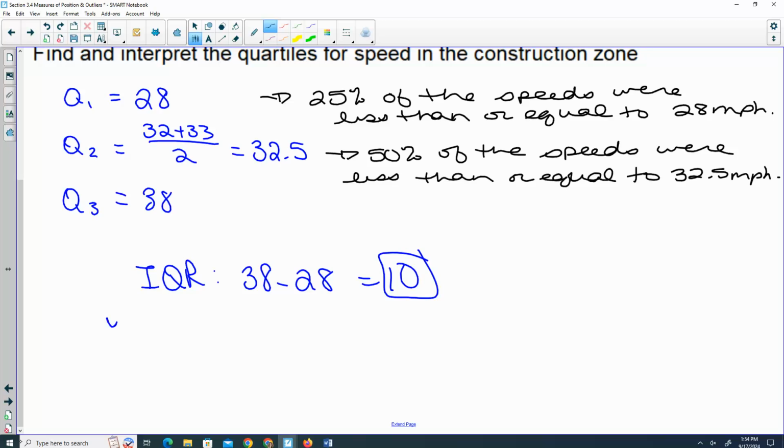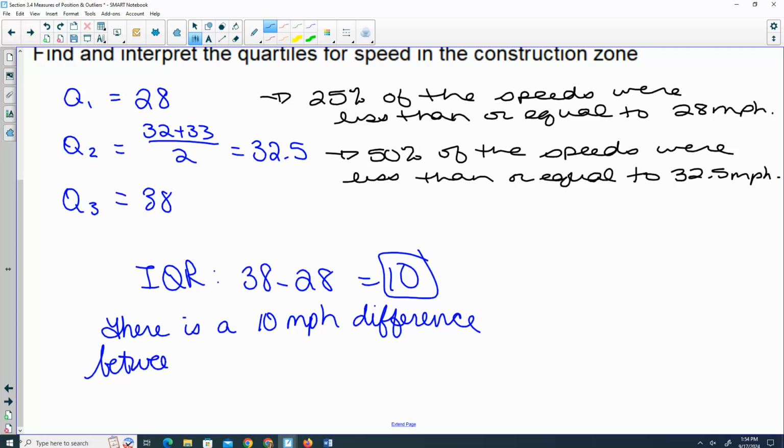All that means is there is a 10 mile per hour difference between quartile 3 and quartile 1. Or you could say 50% of your points are within 10 miles per hour of one another.